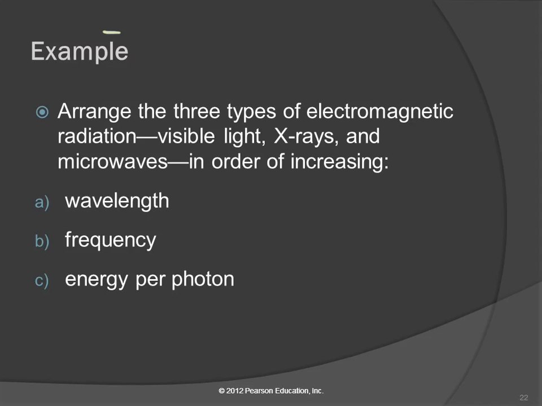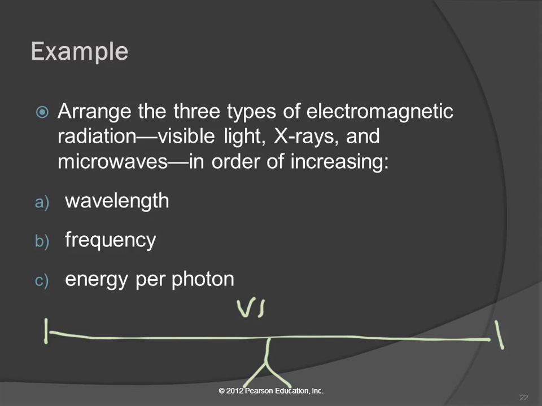So I would imagine the electromagnetic spectrum. You know what? Fine, I'm going to do it down here. I keep touching the back button. And right in the middle of it was the visible light, right?